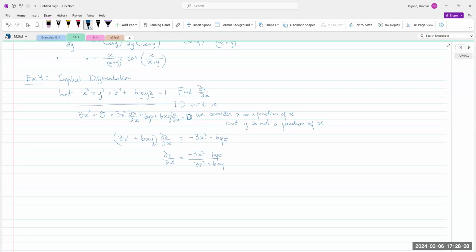We can simplify and reduce by 3, right? So this equals, and let me pull the negative out, negative of x squared plus 2yz over z squared plus 2xy.